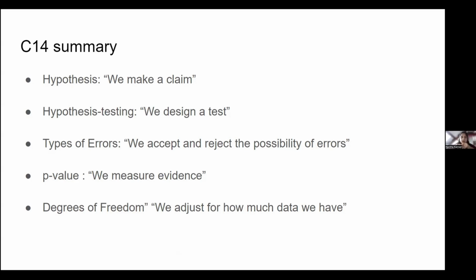Again, these are just rules of how you formulate your data collection, your research pipeline, all of those things. Then there's the p-value, which measures if there is evidence to reject the null hypothesis or not. And then there's also the degrees of freedom, which tells us how we can adjust for the data that we have, because there is a little bit of room for adjustment. The data gives us this much space, but it also shows us that you can adjust for this much of the data. So this is the main summary for now.